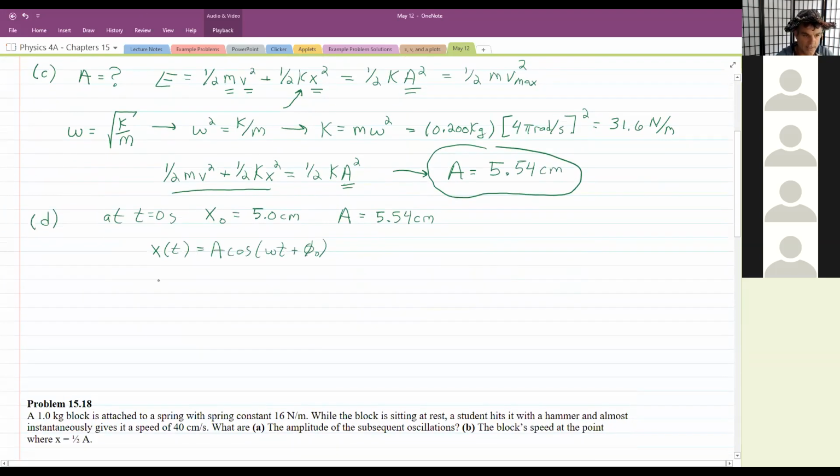My position at t equals 0 is going to be A times the cosine of the phase angle. So in this case, 5 centimeters, which is my position at t equals 0, equals 5.54 centimeters, which is my amplitude, times the cosine of the phase angle. So cosine of the phase angle equals 5 centimeters divided by 5.54 centimeters, which is 0.903.